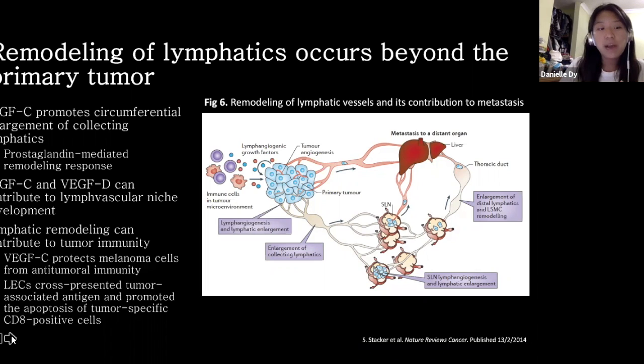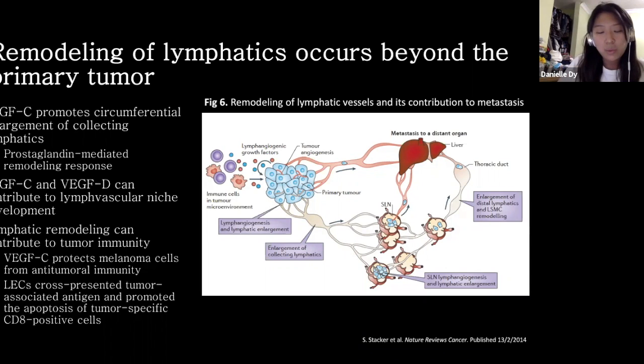But when we talk about the secondary type of lymphatic vessels, which are collecting ducts, so not the capillaries, not the initial ones, but the collecting ducts where they drain, the role here is that prostaglandins can actually mediate this expression of VEGF-C, and then these larger collecting ducts can be enlarged even more. And that is also going to make it easier for those tumor cells, once they've entered, to be able to pass and transport.